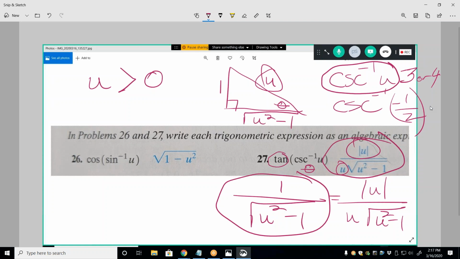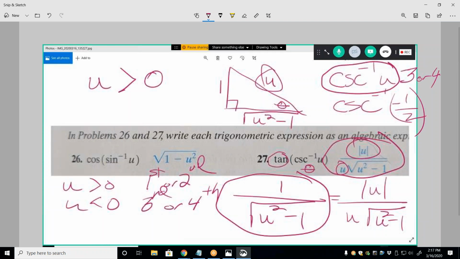If u were positive, then it would be in the first or second quadrant. So here, let's list this. If u is greater than 0, then it's first or second. If u is less than 0, it's third or fourth quadrants.